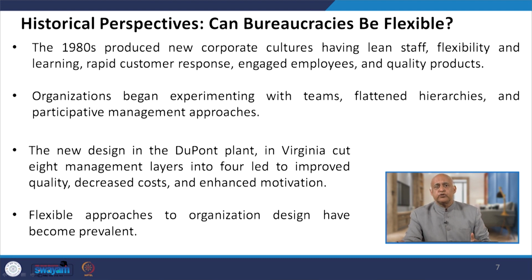The employees whom you are engaging are representations of the society. Their value systems, working styles, human values and human needs are all changing, as a result of which engaged employees with flexibility and quality products are required, and therefore you have to bring changes into the operations.